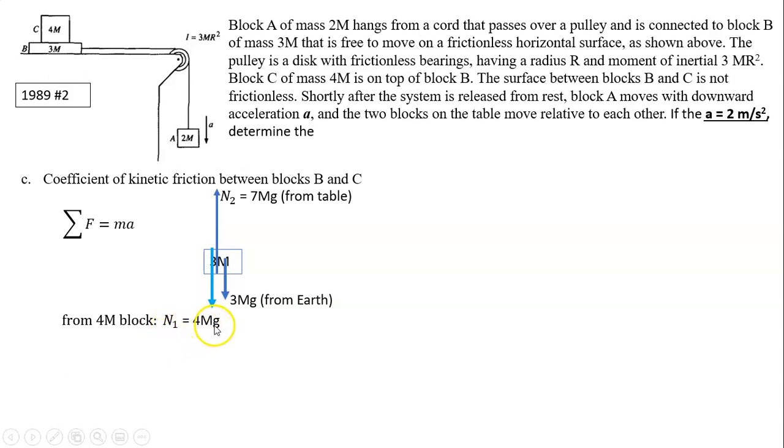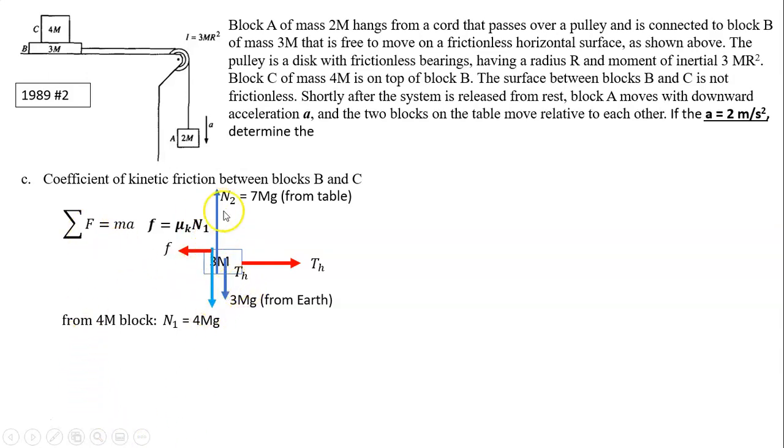So N1 equals 4mg. Here's N2 from the table, and N1 is from the 4m block. If we have to find the friction, we have to use this N1. The friction is to the left and the horizontal tension is to the right. The friction in this case is mu k times N1, which has to be from block C.